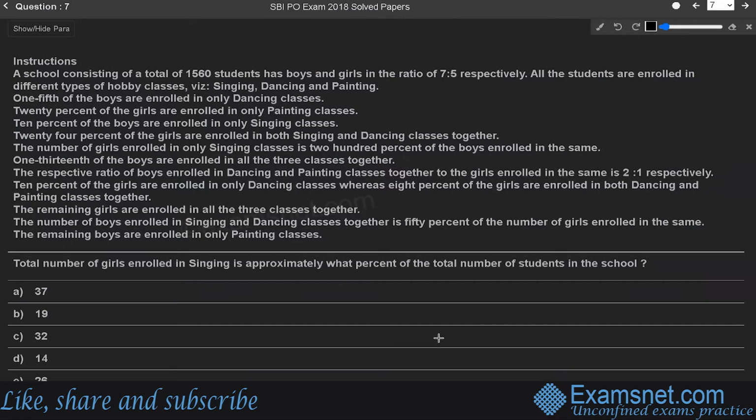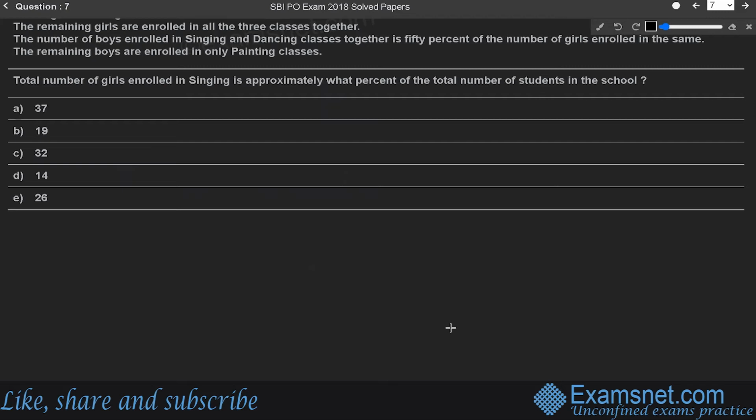Next part of the question is total number of girls enrolled in singing is approximately what percentage of the total number of students in the school? We know that the total number of girls in singing is equal to 403, and we have to find the ratio of all students.